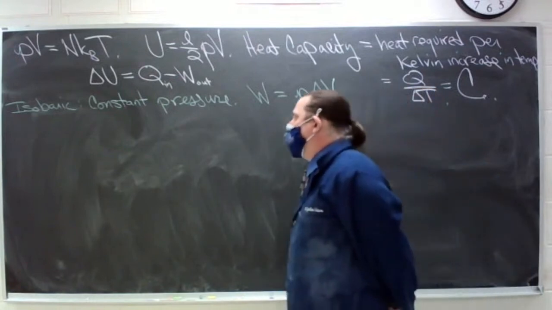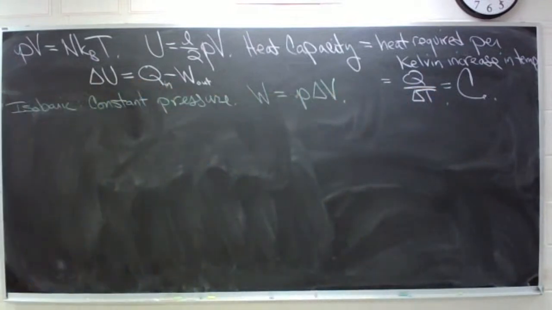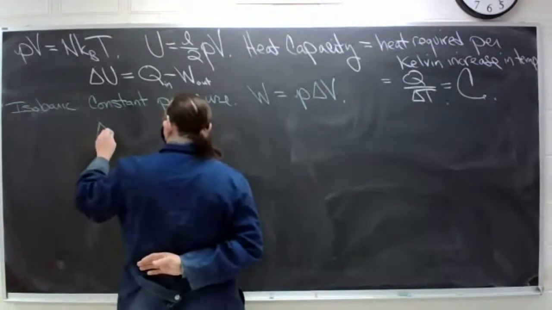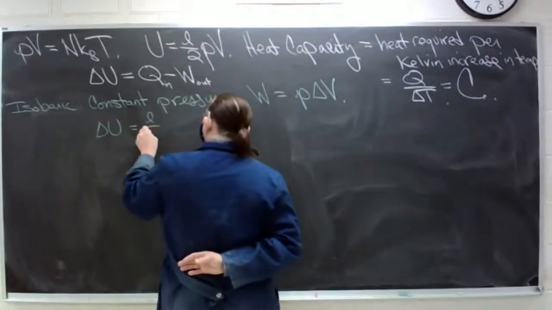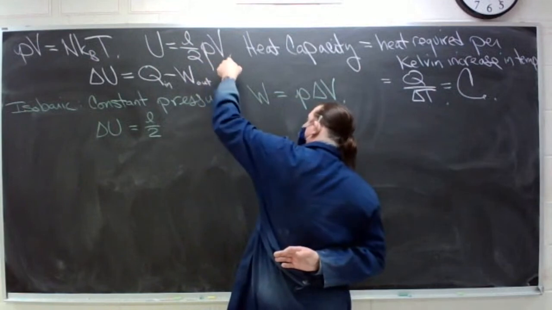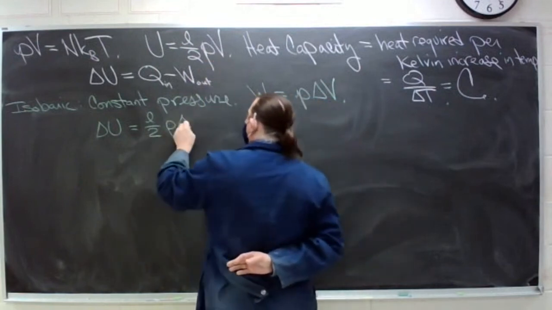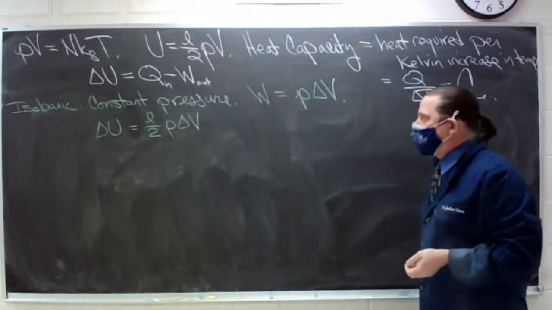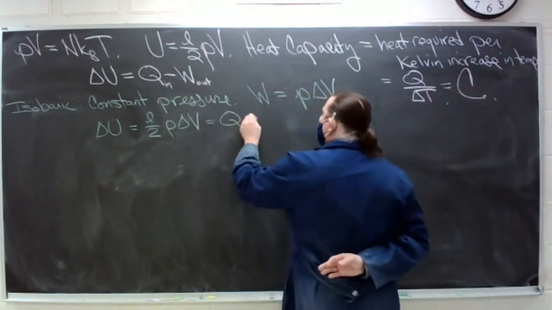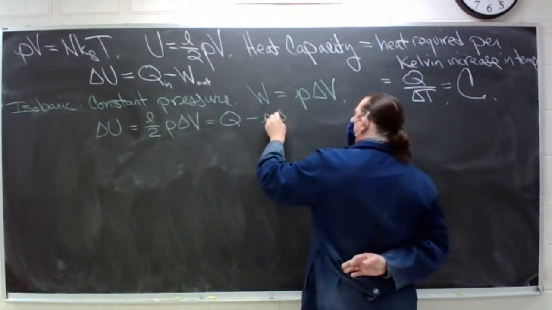Okay? Now, we know that the change in internal energy is equal to L over 2, pressure's constant, so it's P delta V. That's equal to the heat minus the work.